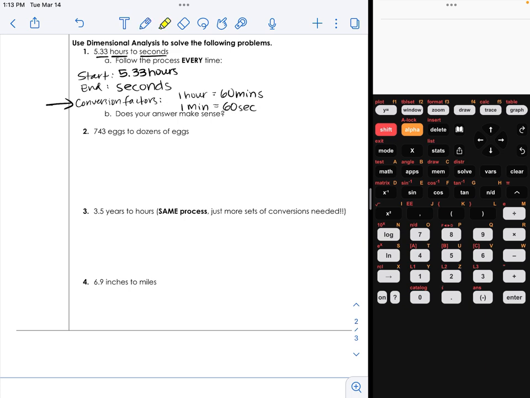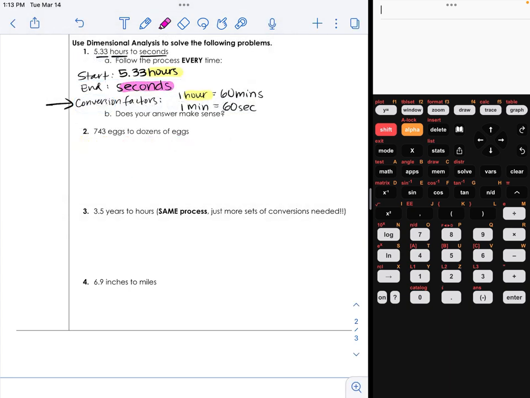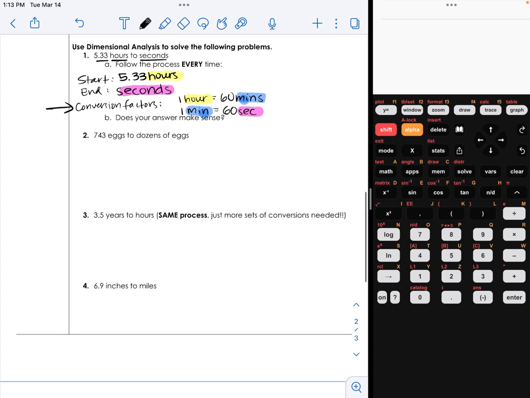You know when you're done when you have one conversion factor that has a unit matching your starting value, one conversion factor with a unit matching your ending, and then your other units are the same, those leftover ones. They have ones that can cancel them out. Okay, so you need 2 of your other ones. All right, so how do we set up this problem?